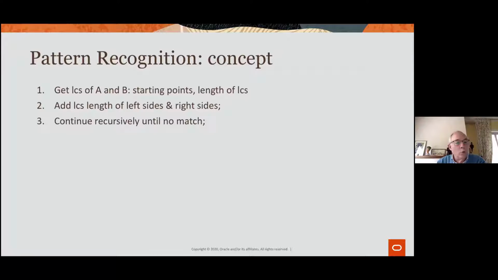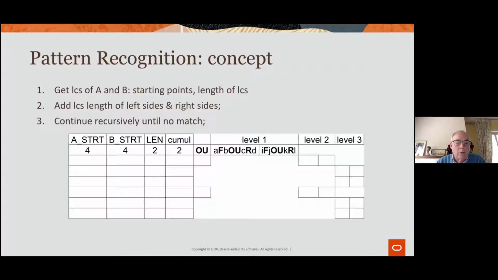And then you do it again if there are still bits left on either side of those smaller strings. So you just continue recursively until you don't get any more common substrings at all. And once you do that, you have an answer that you can calculate.